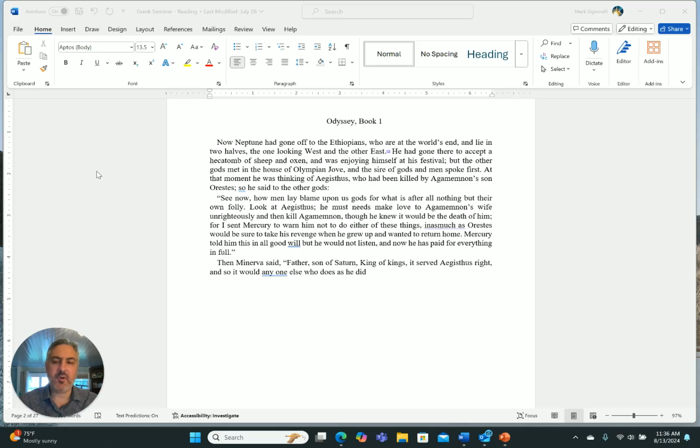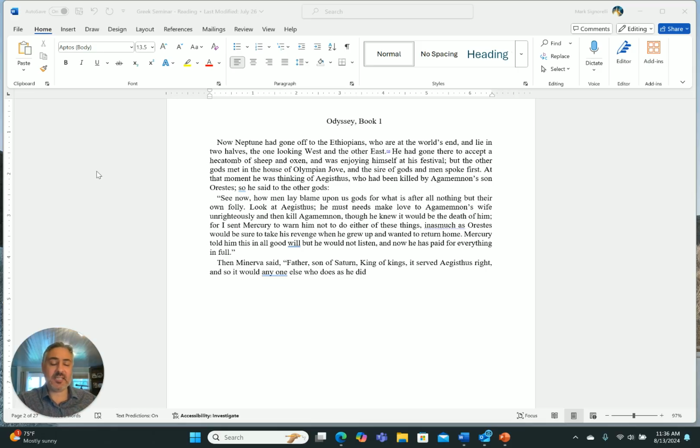And so when the work opens up, you can see the passage here on your screen. This is from the very opening, right? Right after the invocation, there's a conversation between Athena and Zeus about Aegisthus, who is the consort of Clytemnestra, and who participated in that murder of Agamemnon. And they bring up Aegisthus, and of course he resembles the suitors insofar as he sought a power that was not rightfully his.